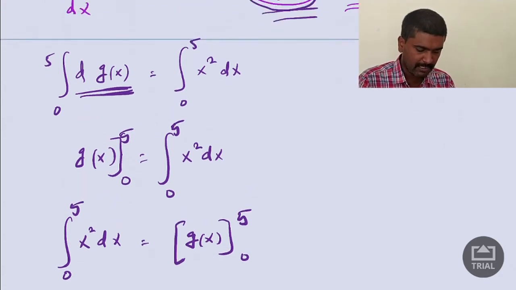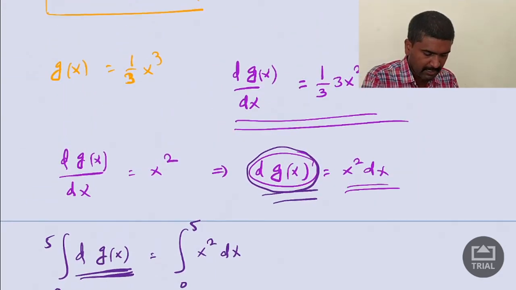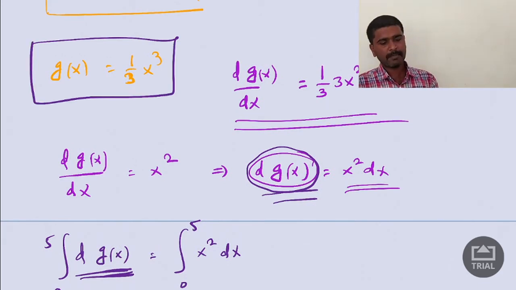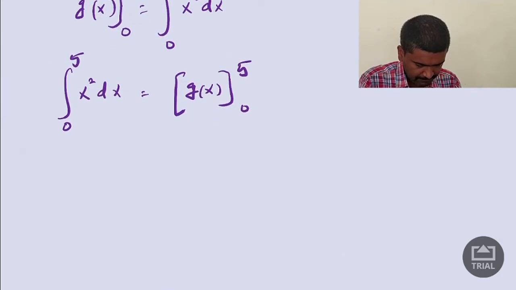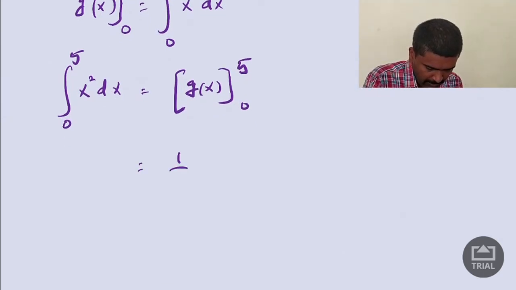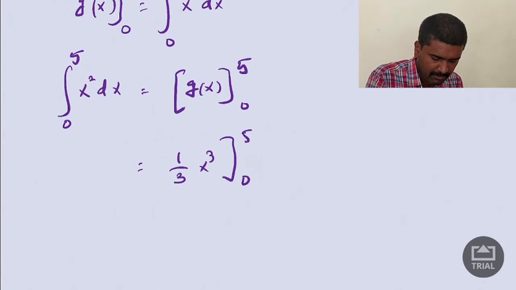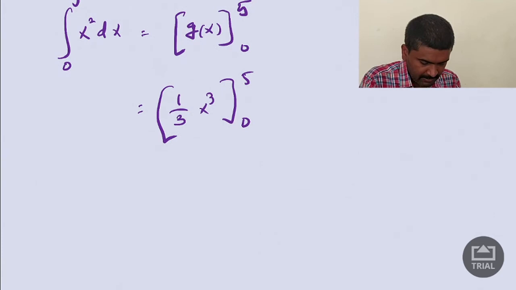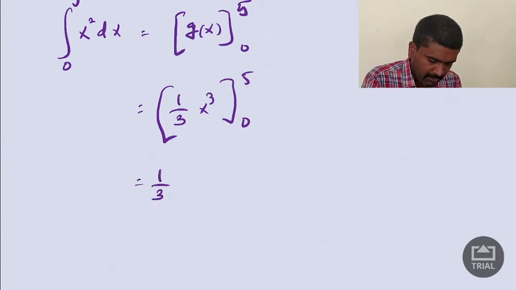Now let us see what is g of x here. The g of x I have taken is 1 by 3 x power 3. So now 1 by 3 x power 3, with my boundary conditions going from 0 to 5. In this, 1 by 3 is constant, so you can take it out.